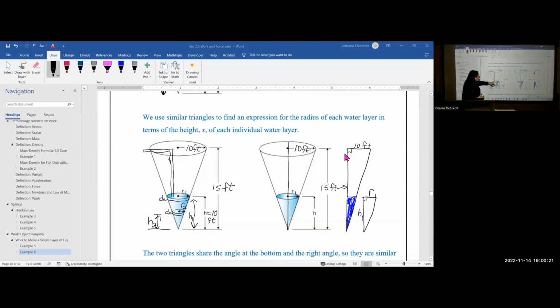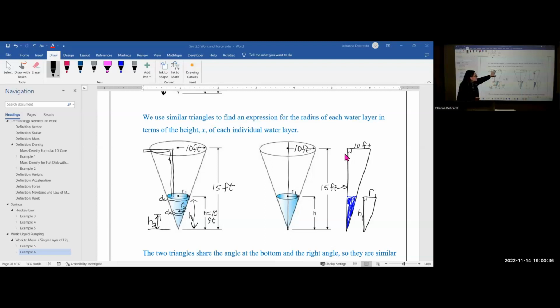So you can see here I've got two layers of water with an R1 and an R2. They each have a very narrow width to them or depth to them, which is dx. And you can call this H1 and H2. H1 goes up to the slice that has radius R1, and H2 goes up to the slice that has radius R2.